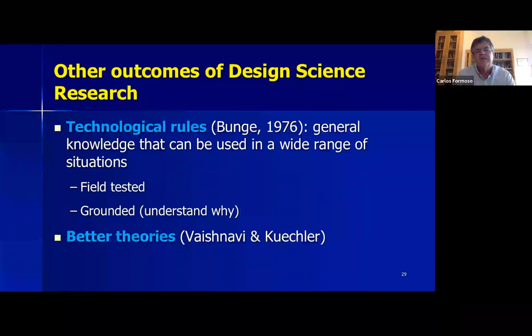Technological rules are a kind of knowledge that can be used in a wide range of situations. It's very similar to what we call laws in descriptive research, for instance, laws of thermodynamics and so on. So these are prescriptions that have been tested in a large number of situations, so they can become rules.